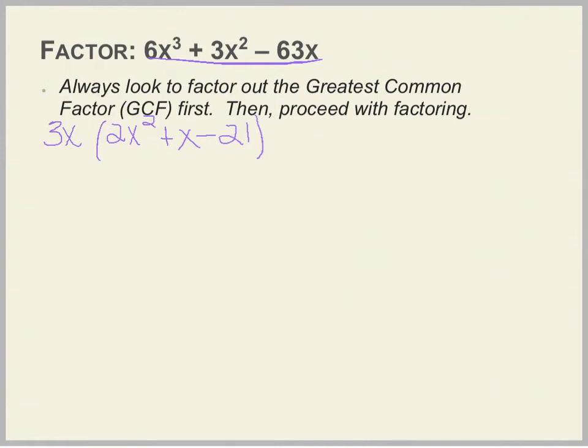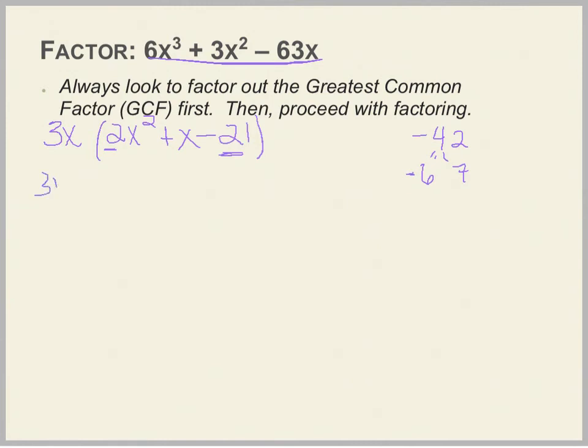So I'm going to multiply my leading coefficient of 2 times my constant of negative 21 to get negative 42. I'm looking for 2 numbers that multiply to negative 42 but add to a positive x. So the difference between those has to be 1, and I see that 6 and 7 multiply to 42, and multiplying to a negative 42 but adding to 1 means that the 6 needs to be negative.